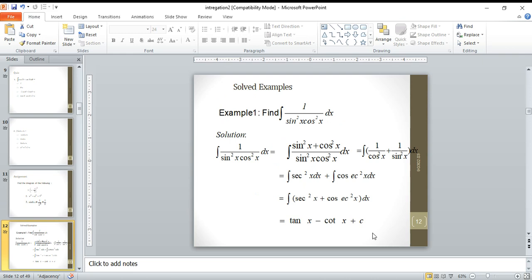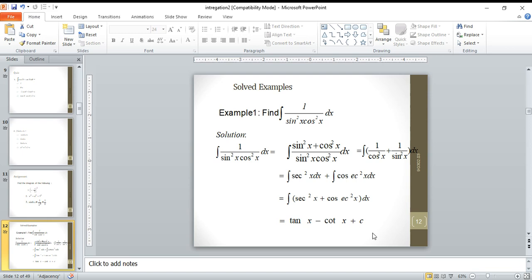Solved example. Find integration of 1 by sin square x cos square x dx.